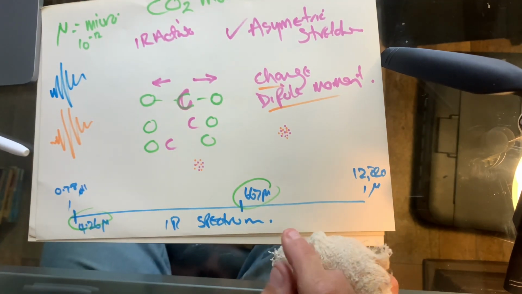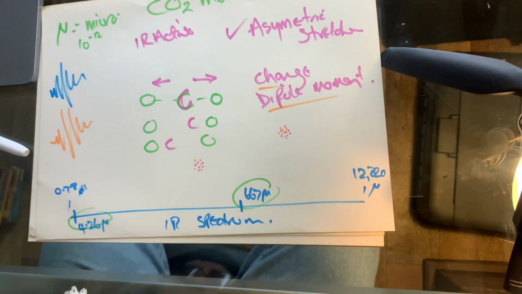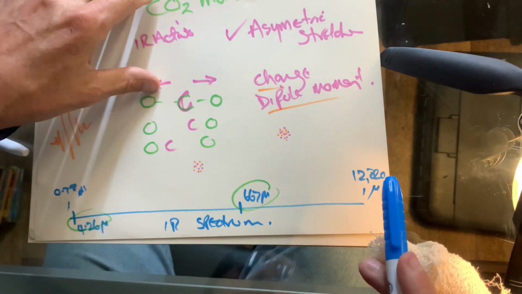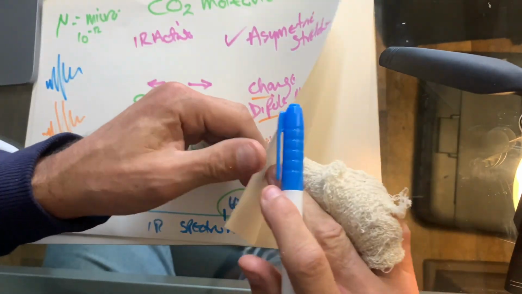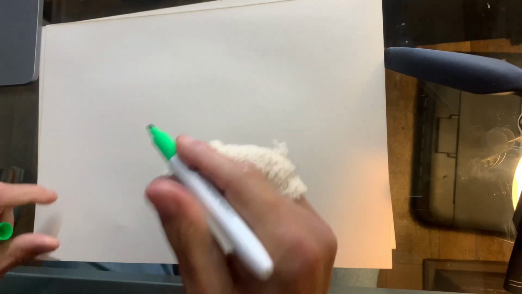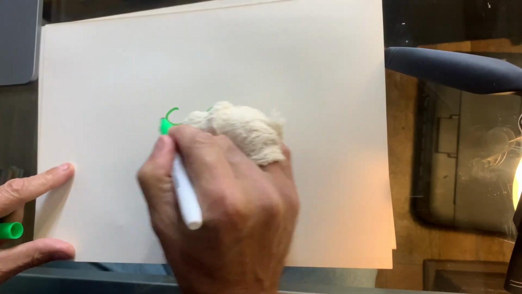This one is 667, right? Then what you're going to see is bending. And for bending, we need to go to another sheet of paper. So let's build my little CO2 molecule again.